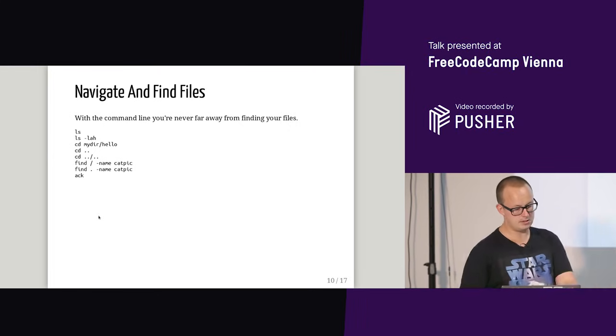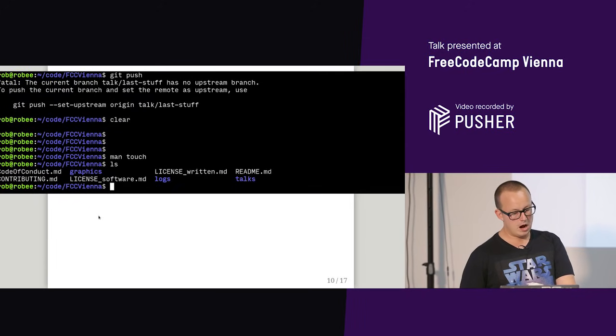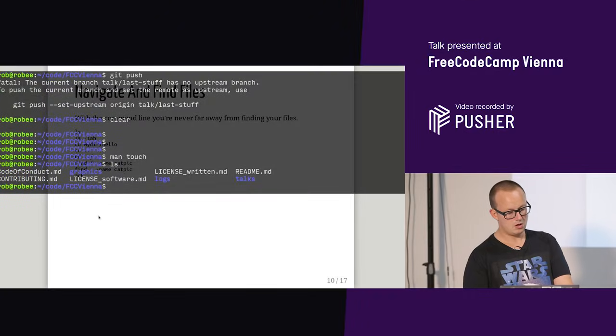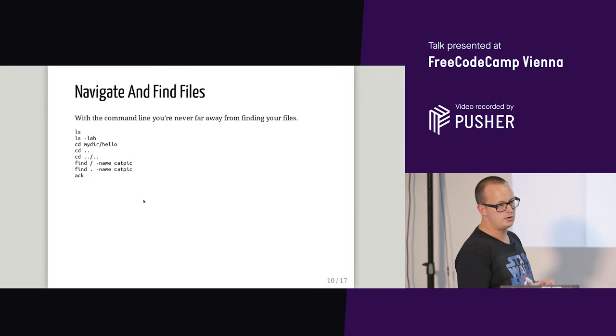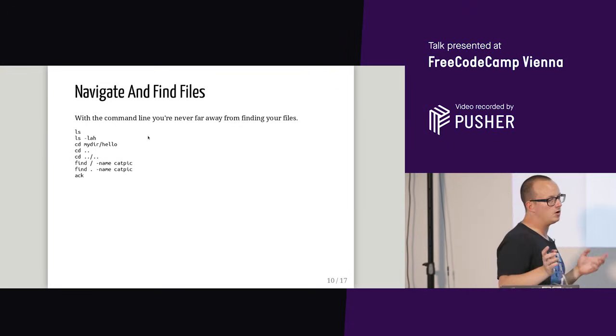So ls gives us a simple overview of where we are and what files are available. And ls, again, with options. So you see here is an example of some tools that let you have options or flags like lah together. Some of them force you to have a dash in front of all of them.